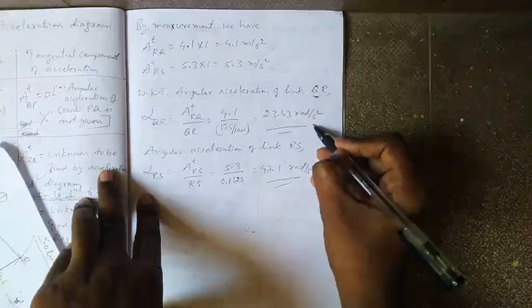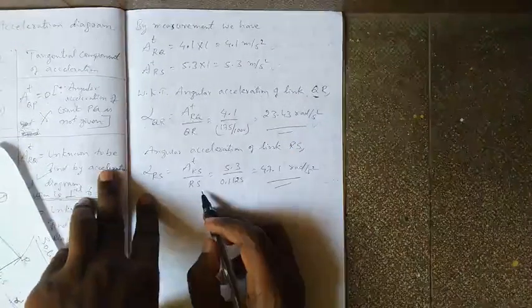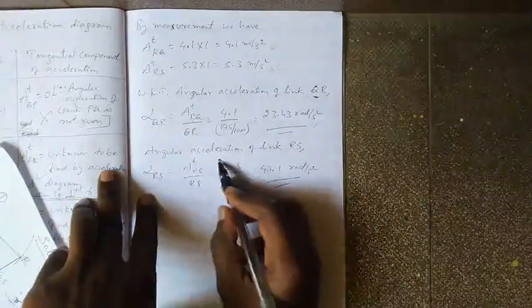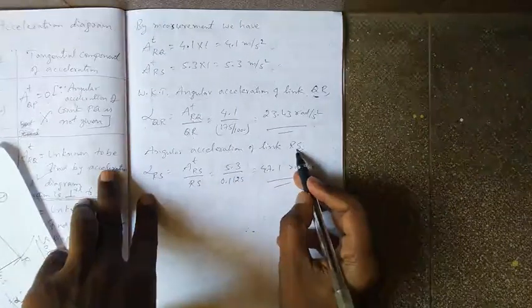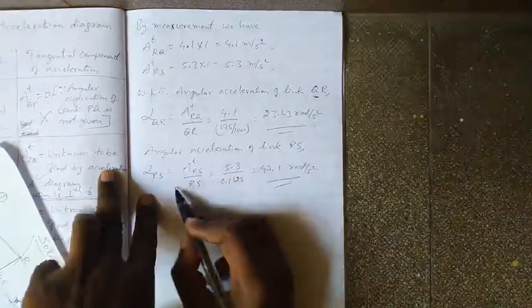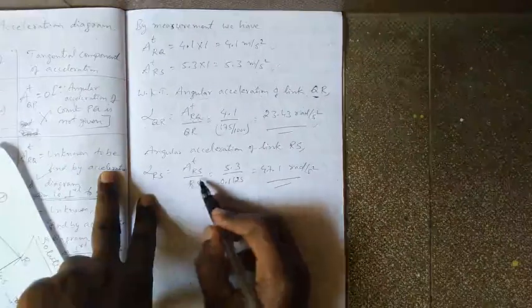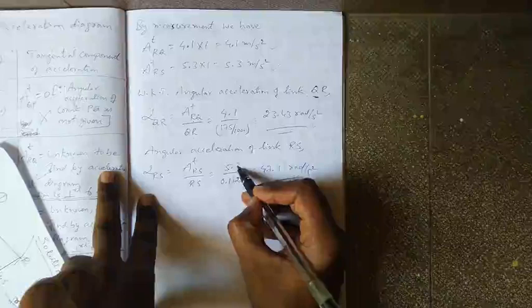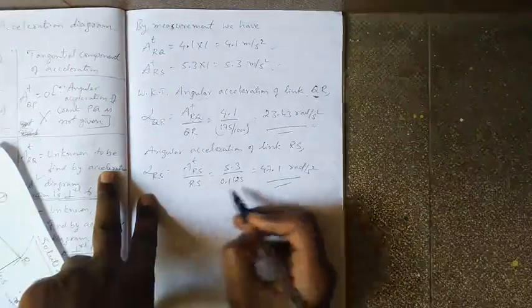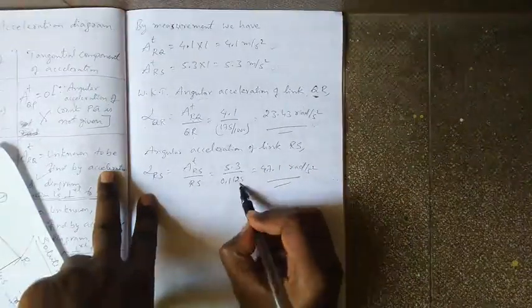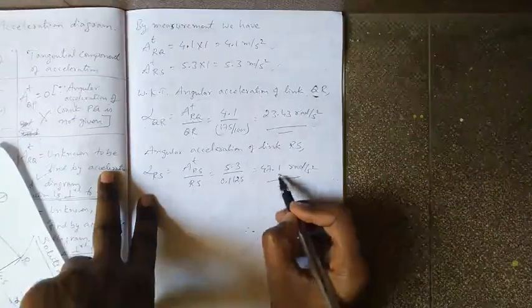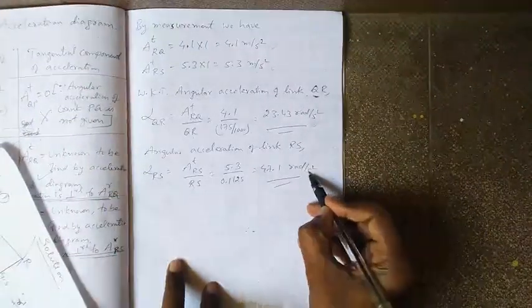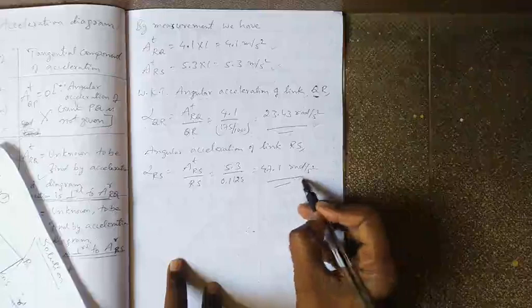We get 23.43 radians per second square. Similarly, the angular acceleration of link RS, alpha RS, is the tangential component of RS, 5.3, divided by the length of link RS, 0.1125 meters, which gives 47.1 radians per second square, which is the needed solution.